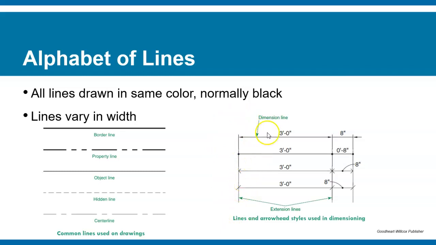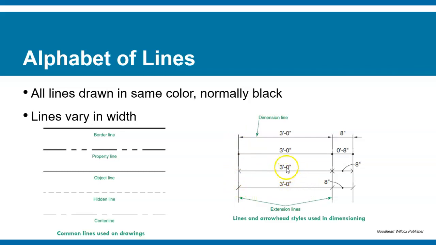Okay. Notice they all point to the extension lines, and the extension lines go up through and usually past the distance of the dimension line a little. And here we have multiple dimensions stacked up on each other, so they'll extend longer.